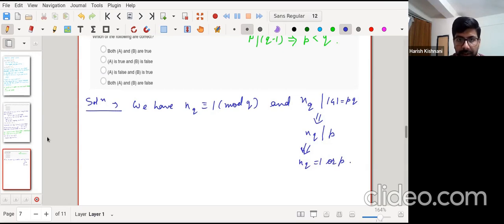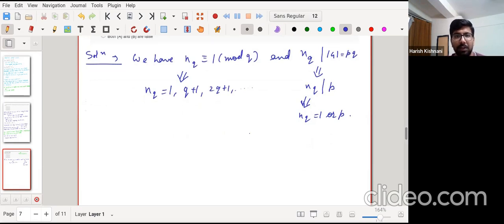And from here we have NQ to be 1 or something like Q plus 1, because Q plus 1 is also 1 modulo Q, or 2Q plus 1, and so on.